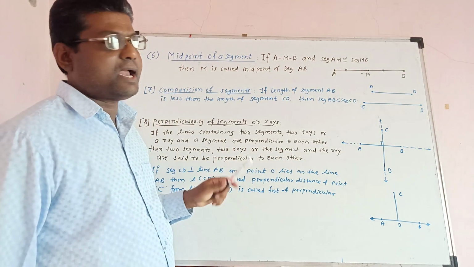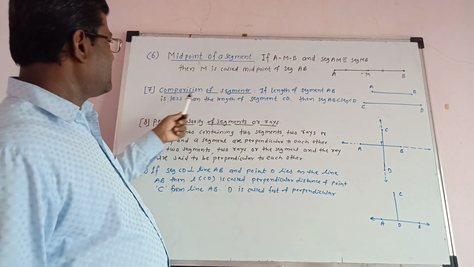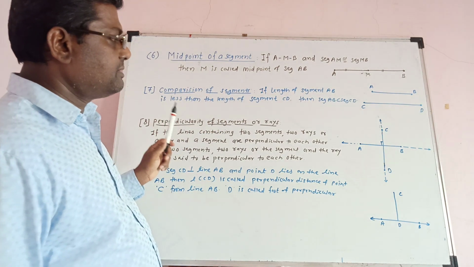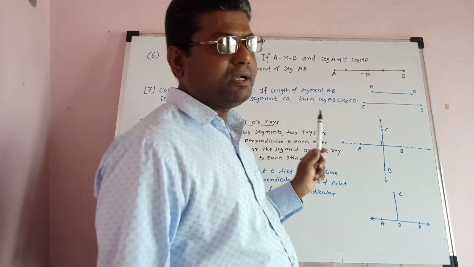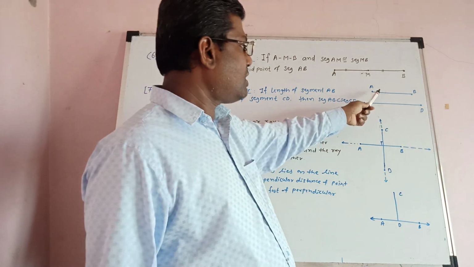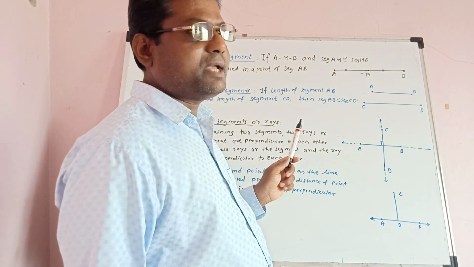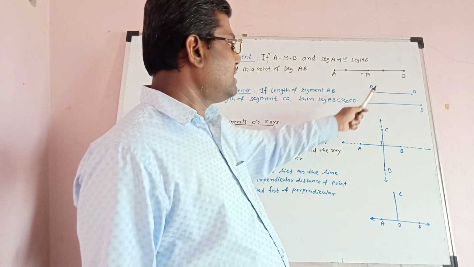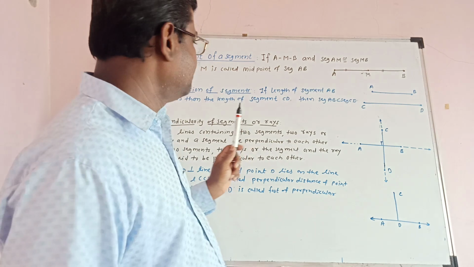Any segment has only one midpoint. Comparison of segments. If there are two segments AB and CD, and if the length of segment AB is less than the length of segment CD, then segment AB is less than segment CD.